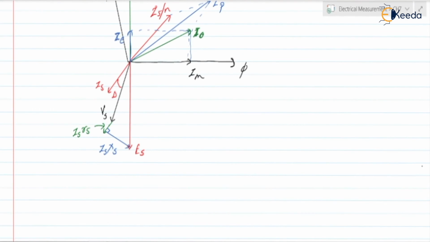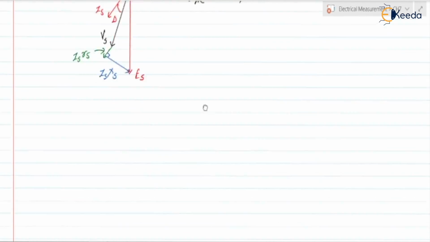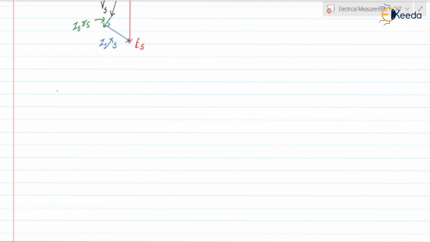Okay. Now let us discuss the different terms we have shown in the equivalent circuit as well as in the phasor diagram. Here we can write, where phi is the working flux.